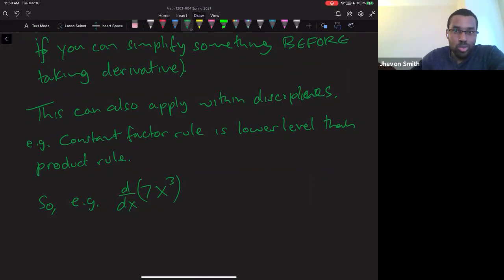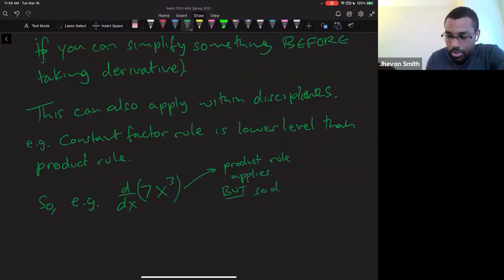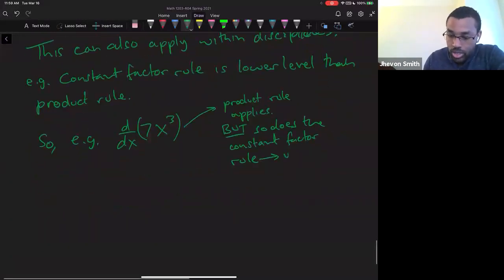There's a lower level rule than the product rule that would work. So, the product rule applies, but so does the constant factor rule. Use this first.